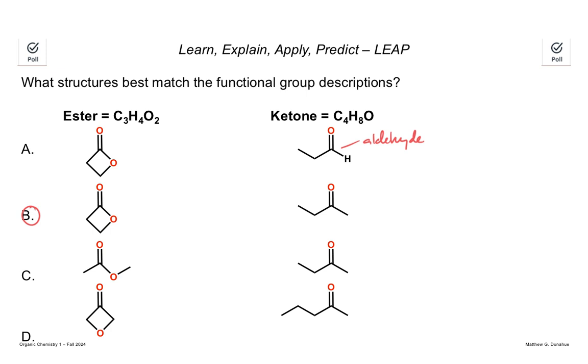What's wrong with C? So the ester only has 1 degree of unsaturation, and we said that it needs 2. And then what's wrong with D? This one has 5 carbons.